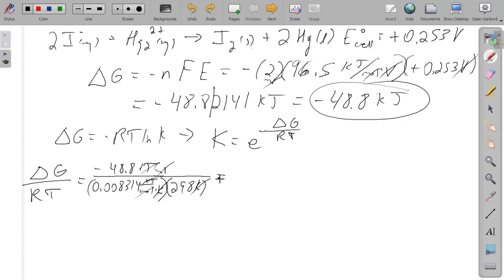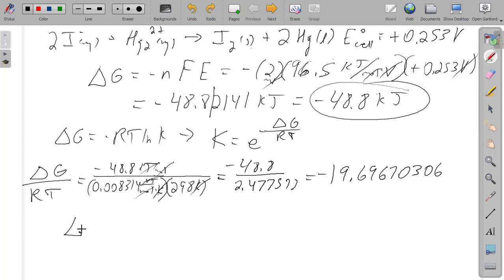All right, so when we do this, the raw answer there is going to be minus 48.8 over this denominator, which is 2.477572, and that's going to give us negative 19.696703.06.